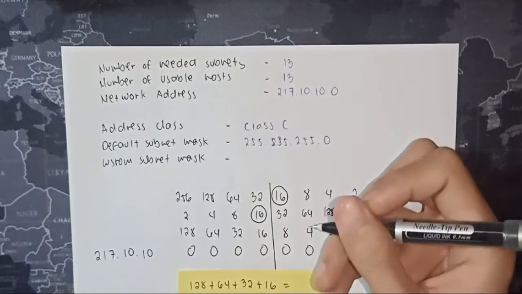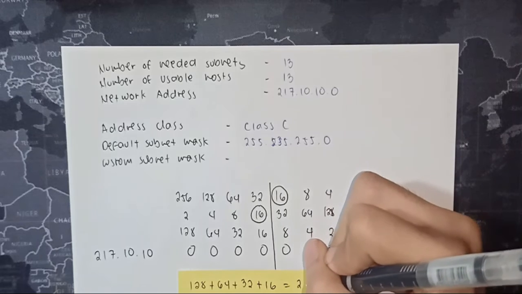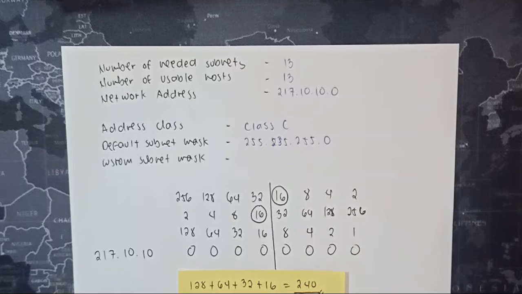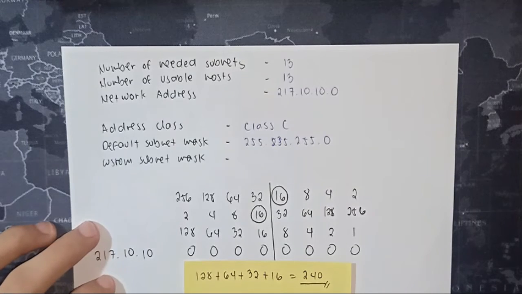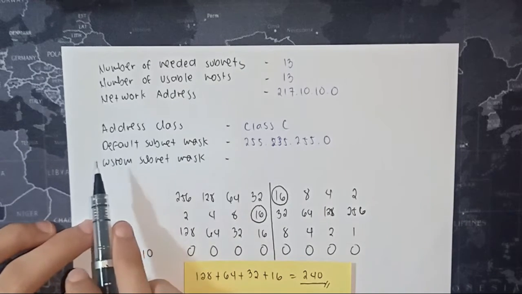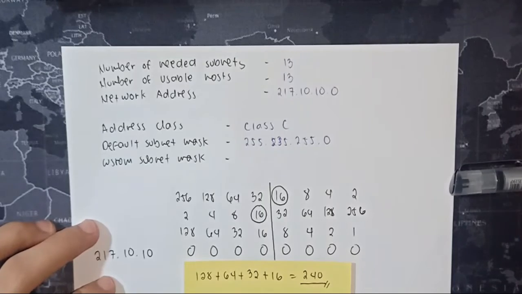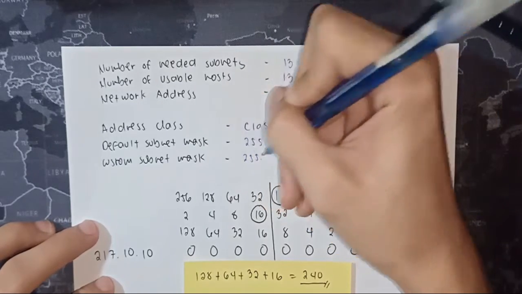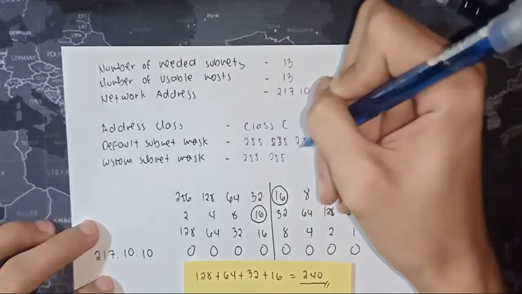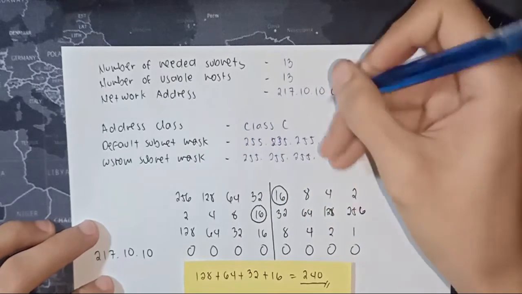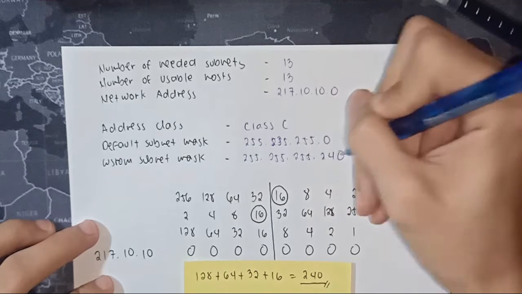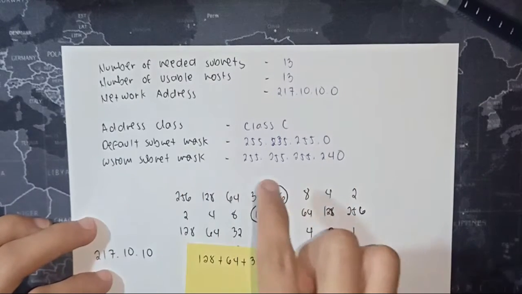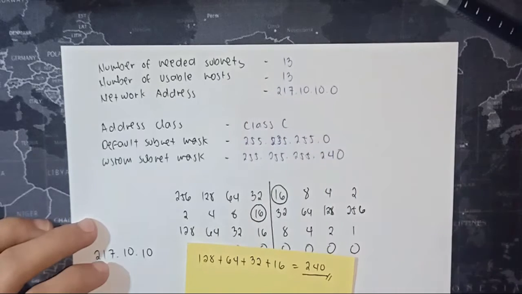So it is equal to 240. So there you have our custom subnet mask. So we can now fill this blank. So 255.255.240. There you have it, the custom subnet mask of this network address.